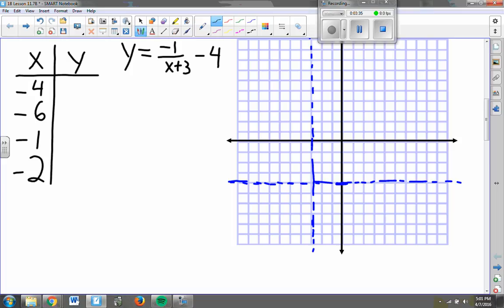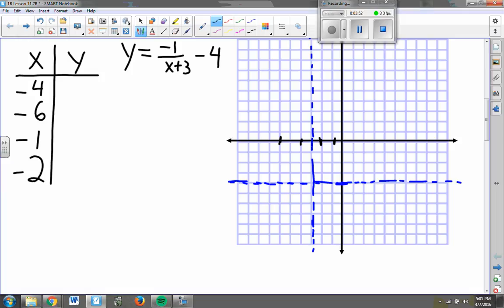That'd be good. So I've got a couple on the left. -4 and -6 are left of my vertical asymptote. They would be here and here. Then I've got -1, -2 there and there. And hopefully I can see what's going to happen. Otherwise I'll grab some more points.